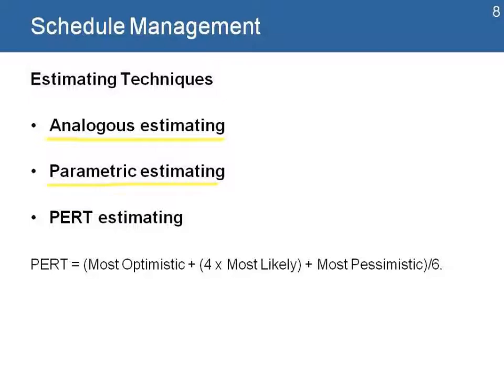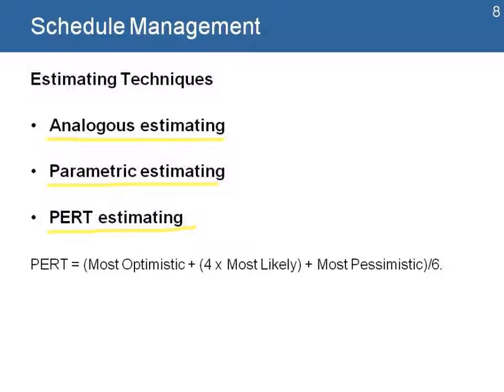Parametric means that we use some standards, like how much time it takes to do a specific activity, how many hours or how many days to do a specific training, and we use that to produce all the information we need to establish our schedule. And then we can also use PERT estimating, which is a technique or a formula that takes numbers from people that are producing some of that information.